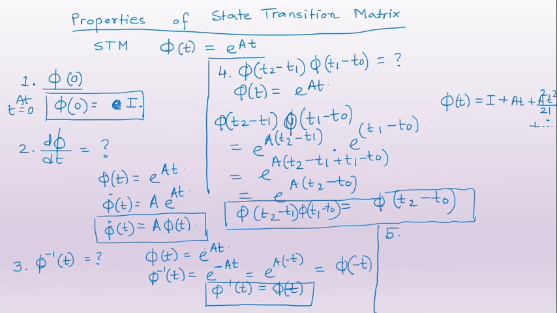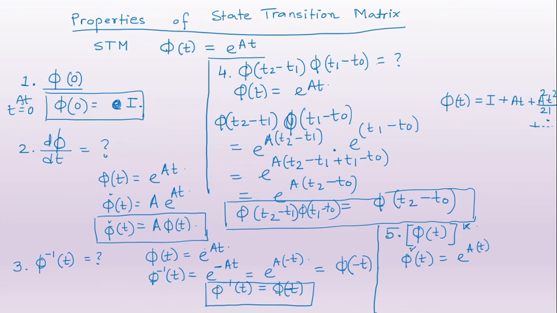Now, the last one. Suppose phi t equals e to the power A t, what will be phi to the power k t? So we know phi t equals e to the power A t, right?